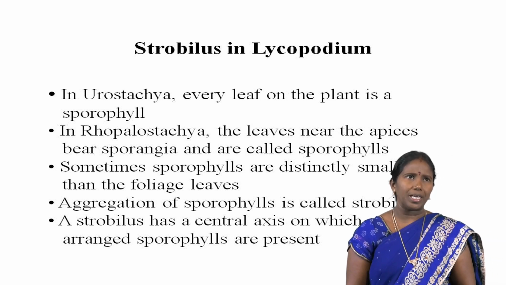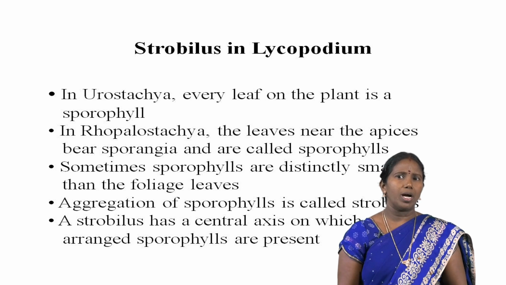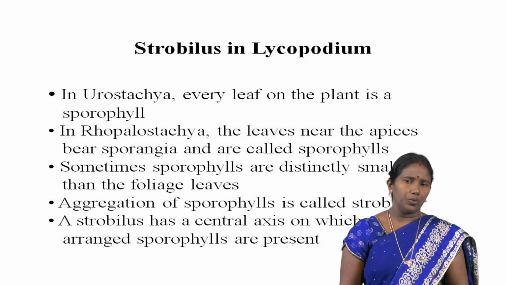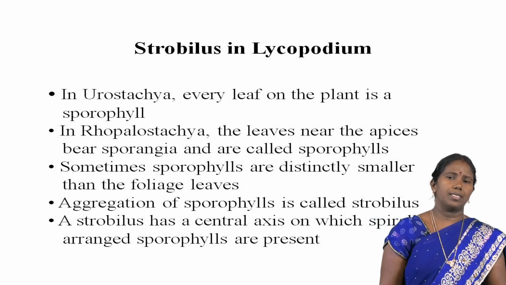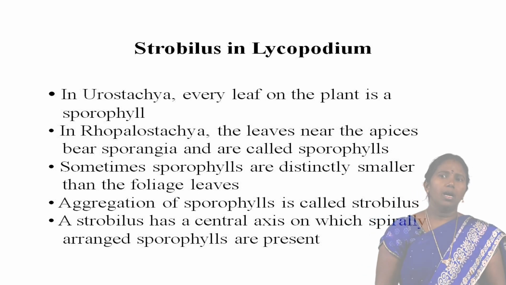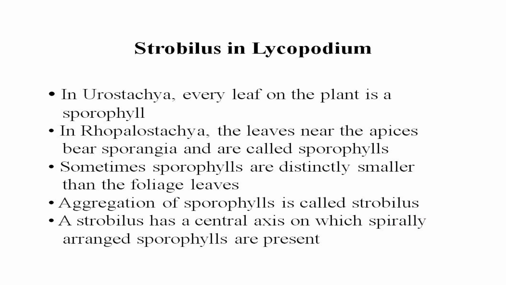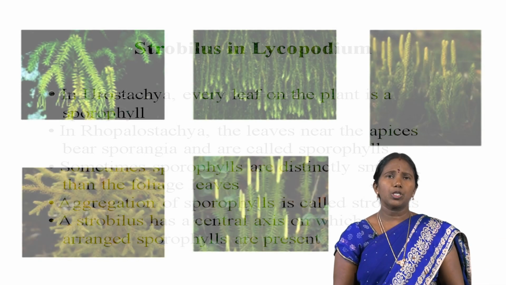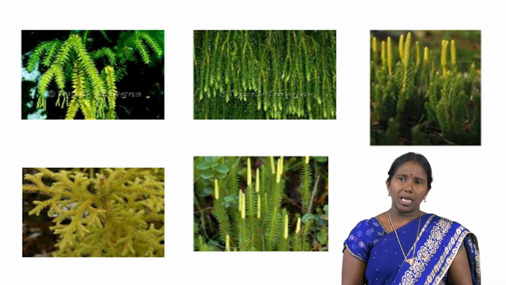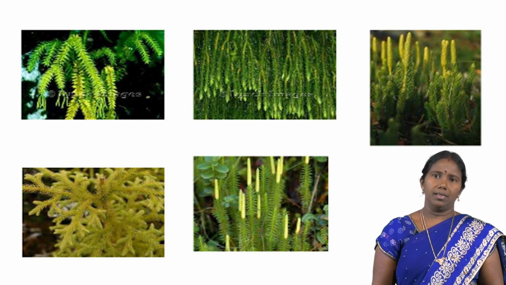Sometimes sporophylls are distinctly smaller than the foliage leaves. Aggregation of sporophylls is called strobilus. A strobilus has a central axis on which spirally arranged sporophylls are present. This slide shows different types of strobilus.